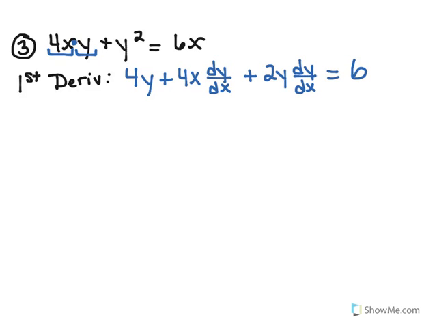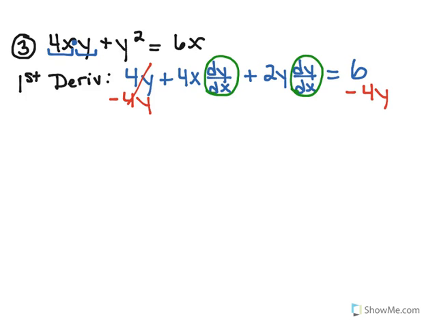So I'm going to start by subtracting 4y, and I'm also going to factor out the dy/dx at the same time. So we're going to subtract 4y to make that go away. And then I'm going to factor out the dy/dx's at the same time.